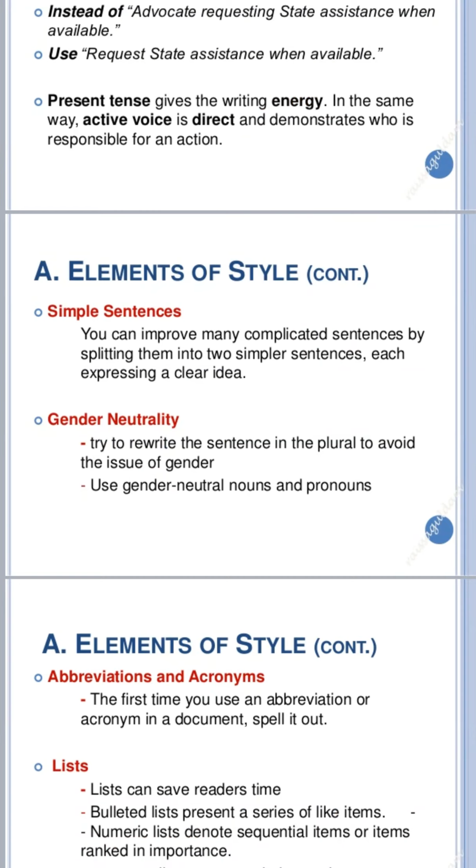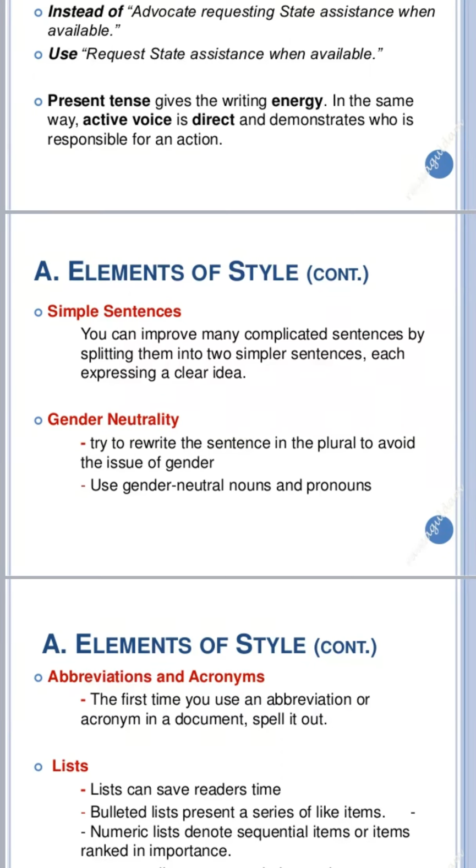Don't go for complicated statements, because we are not writing an essay where we can go for four to five statements without any pause or full stop. So it should be a simple statement. Split your statements into two simple sentences. Don't make a huge paragraph.